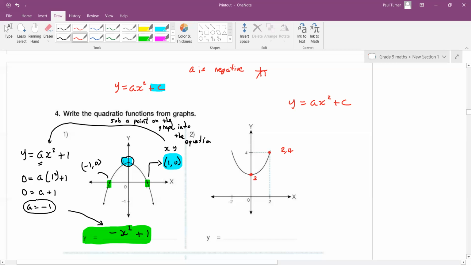Okay, that's the point 2. Otherwise, we can't do it. I think the book is missing that number for this question. All right, try that.